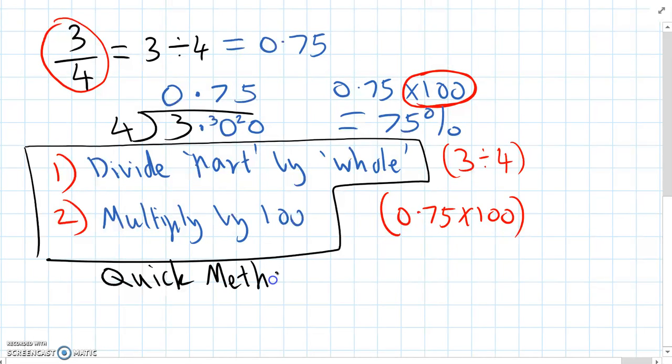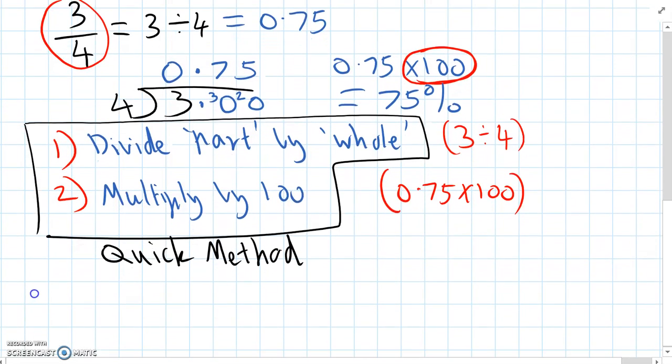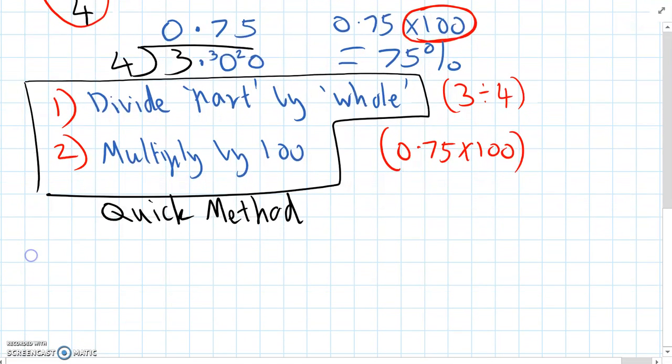The quick method for finding the percentage of a total. So let's practice it with that one. We had 3 divided by 4, and we times that by 100.